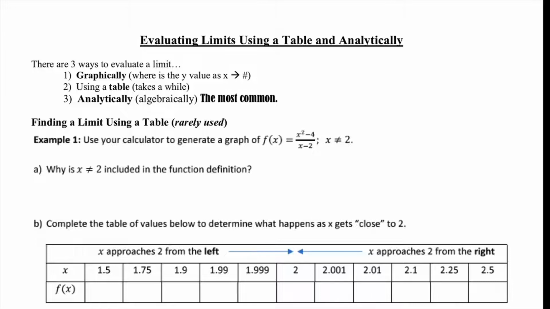Let me draw it on here so the video will catch it. So if I draw a graph, so at 2, you have 2 options. That's an asymptote. That's a hole. Okay.